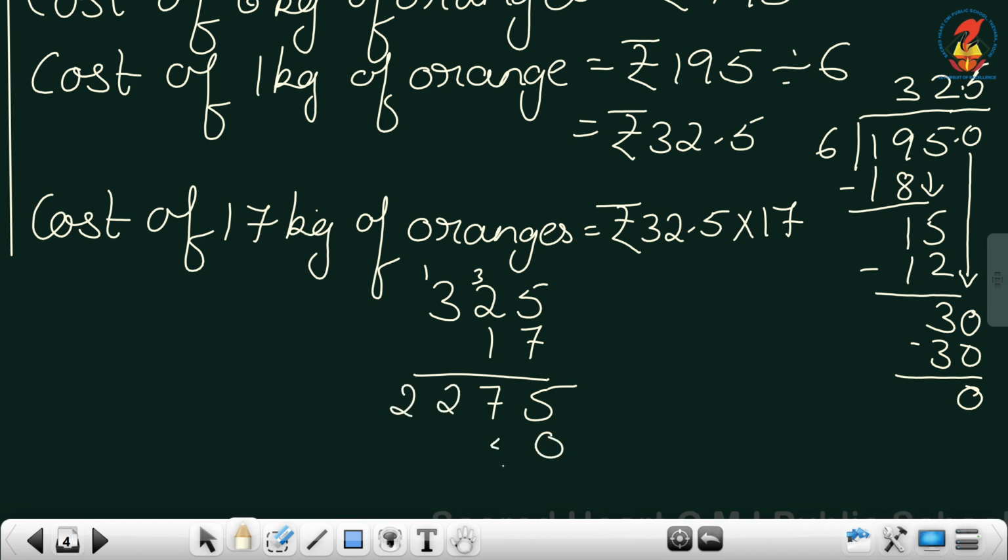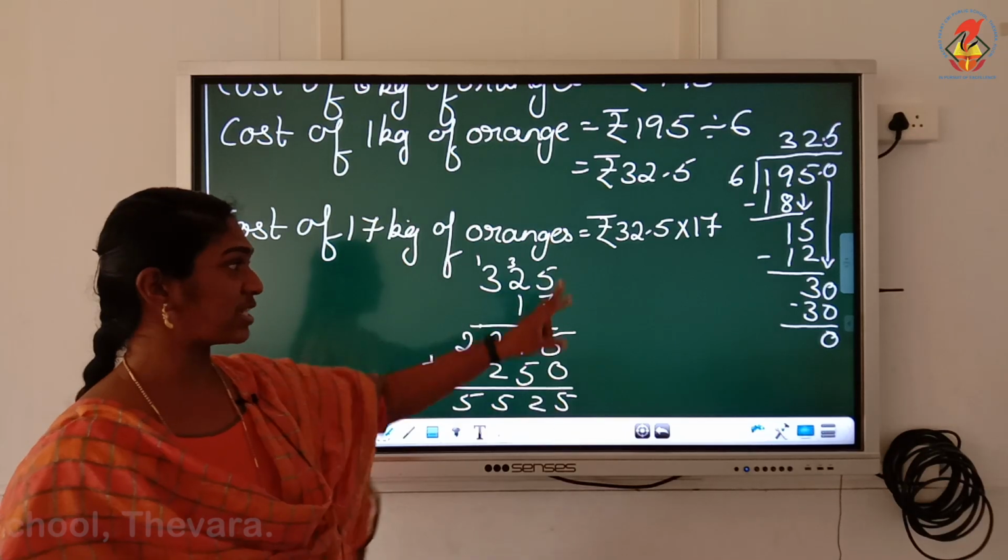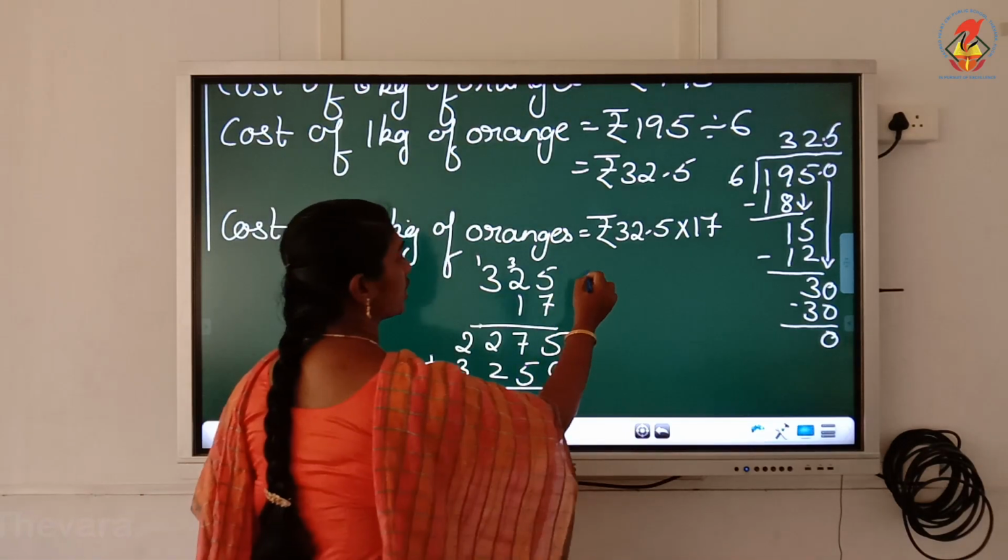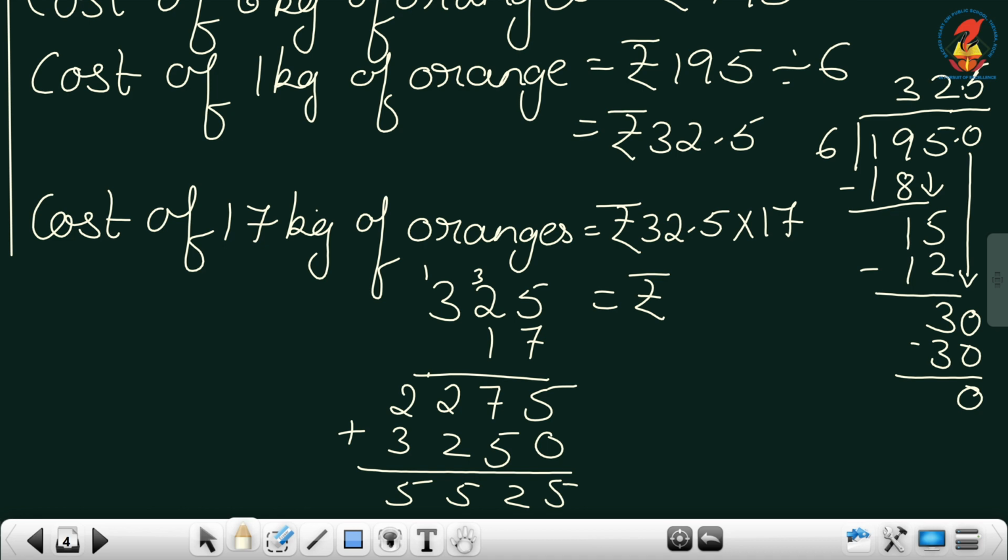Put a 0, 1 5 is 5, 1 2 is 2, 1 3 is 3. When you add it you get 5525. In the question you have one decimal place, so in the answer also there should be one decimal place. The decimal point will come before the last 5. You get 552.5.